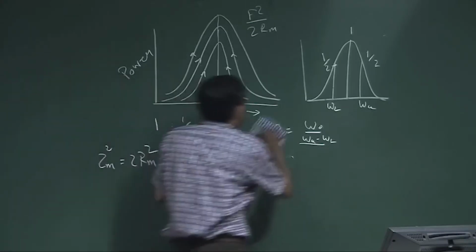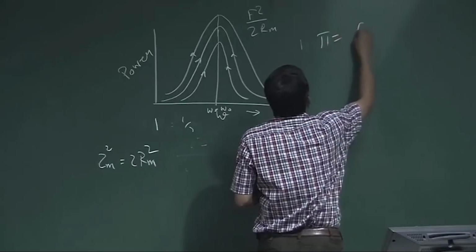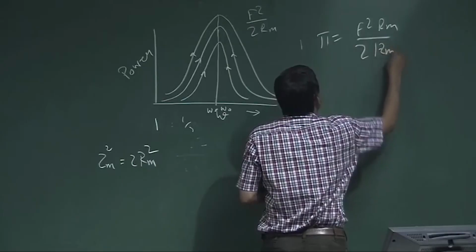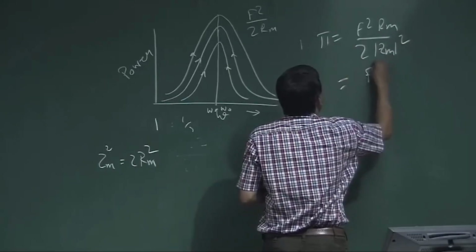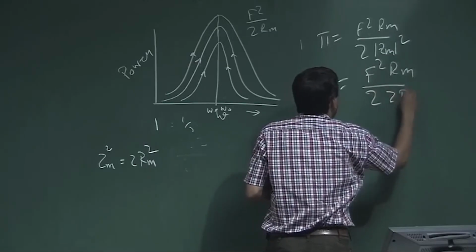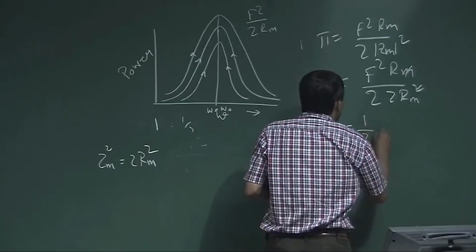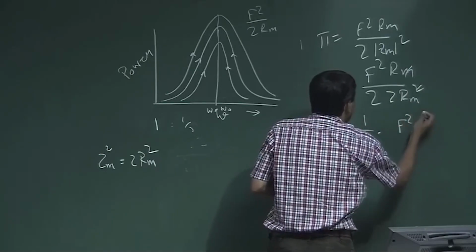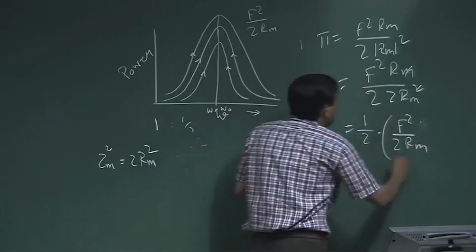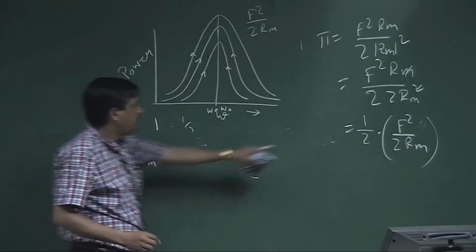So, if Zm squared is equal to 2 Rm squared, then P is equal to F squared into Rm divided by 2 Zm squared. So, F squared by Rm into 2 into 2 Rm squared. Rm cancels, it is 1 by 2 into F squared by 2 Rm. So, this is half power. The condition is that if Zm squared is equal to 2 Rm squared, then half power happens.